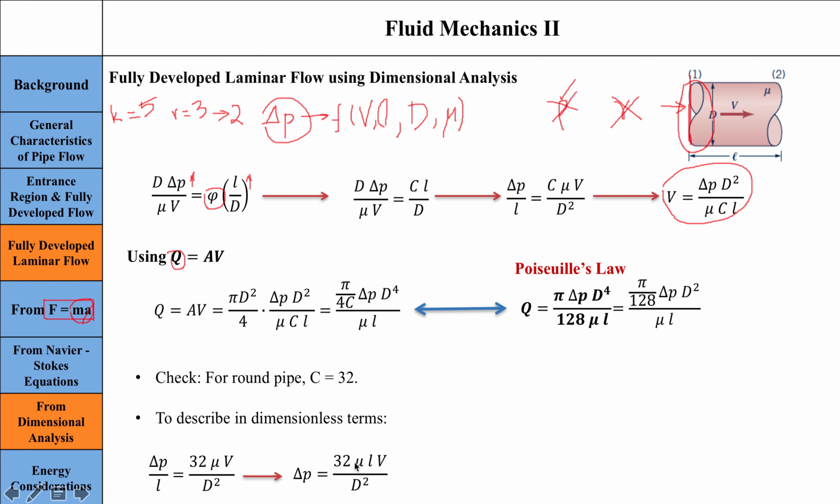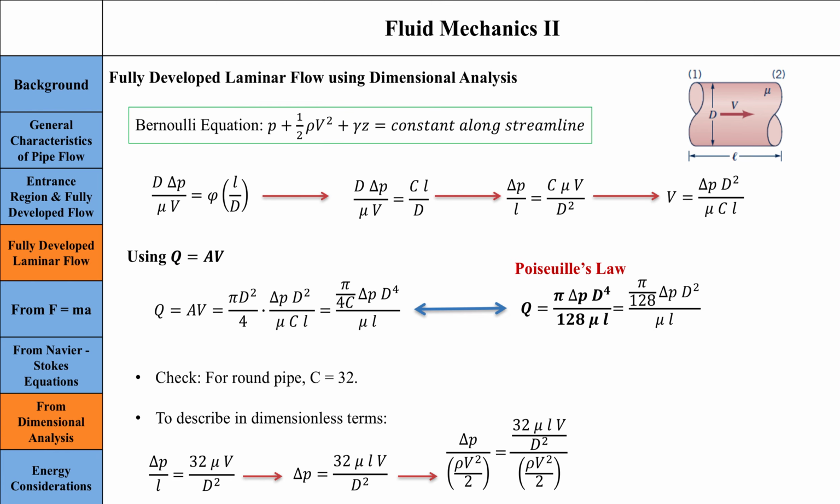And now I can divide both sides of this equation by something called the dynamic pressure, which is represented like this. This is the dynamic pressure term, which is density times velocity squared by 2. And if you step back a little bit, you will see that this term is something you already know if you've discussed Bernoulli's equation.